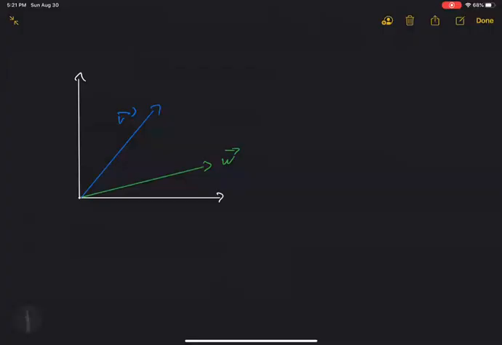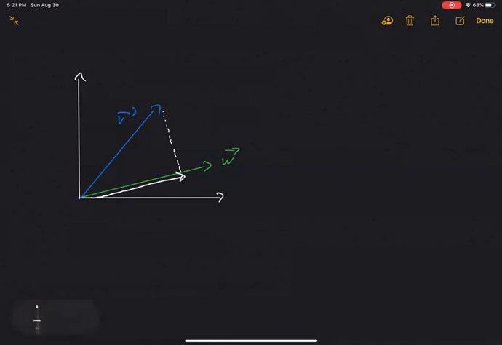Okay, so now that we're reacquainted with this idea of unit vector, let's go back to the projections. Okay, so I make my projection, and it's basically this vector, right? I want that starts at the origin, goes along W and stops there, right? So I want to find that vector.